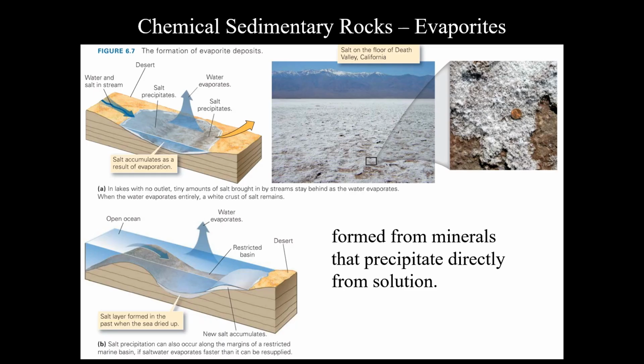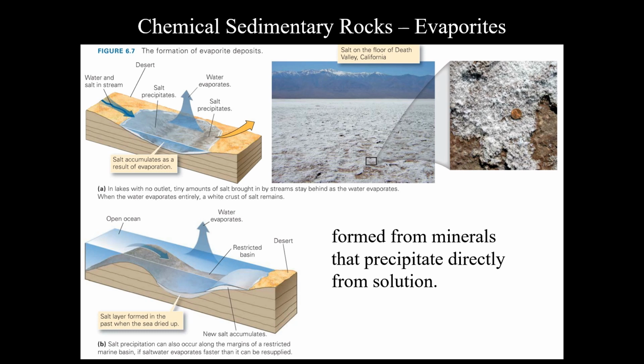And chemical sedimentary rocks are essentially those that form from the evaporation of water. If you've ever gone out into the southwest of the United States, you may have driven across some dry lake beds. These are known as playas, and they may have this white hue to them, and that white hue is essentially the sedimentary rocks that precipitated from solution the last time the lake had water in it. A lot of those lakes dried up during the last glacial maximum.